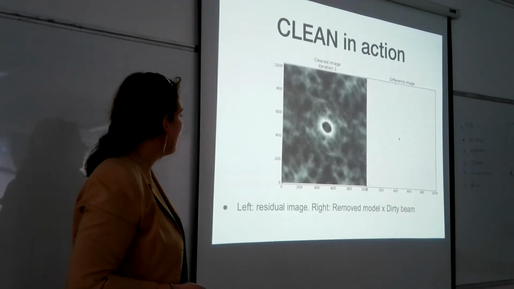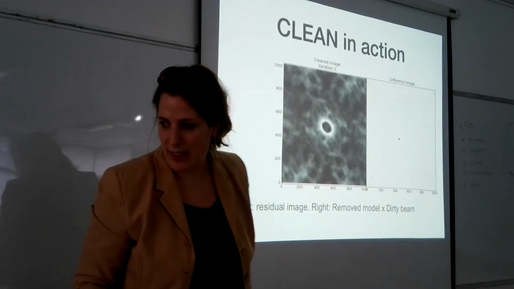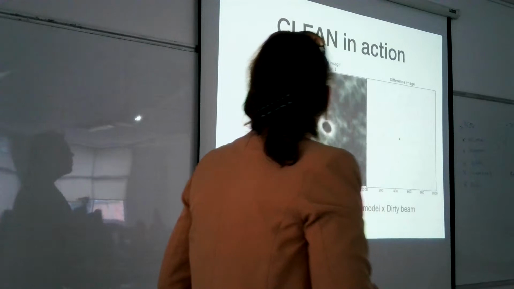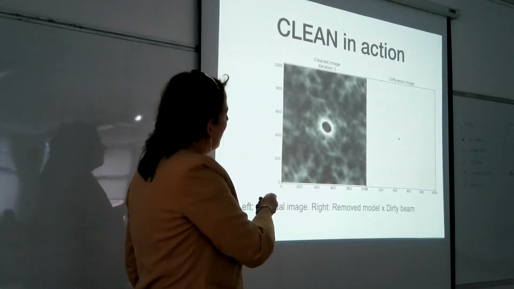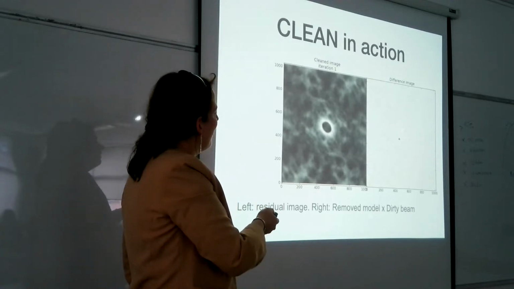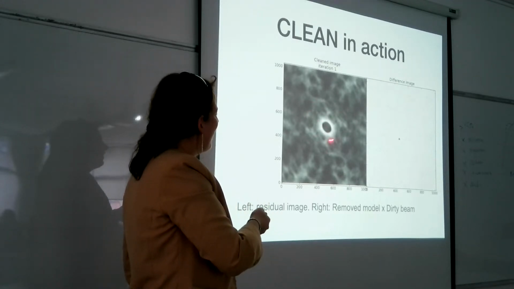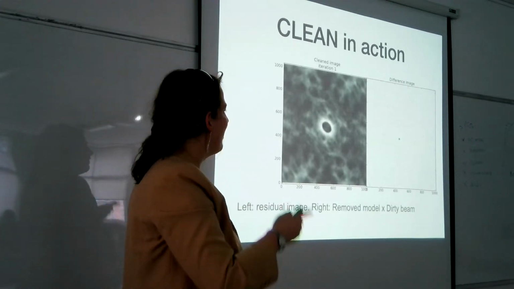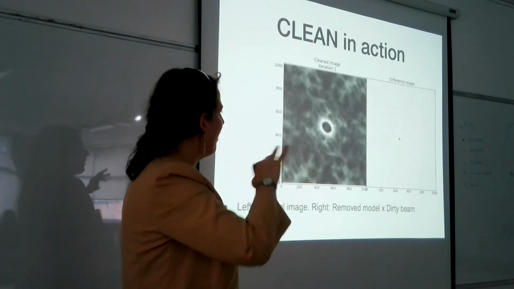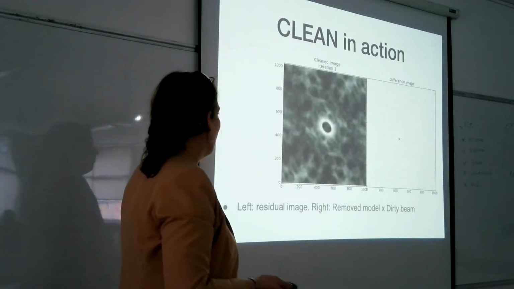So essentially, this is the example that I want to show. So we have our dirty image, and this is our difference image. So this is the difference between our dirty image and that model, the brightest points convolved with the dirty beam.